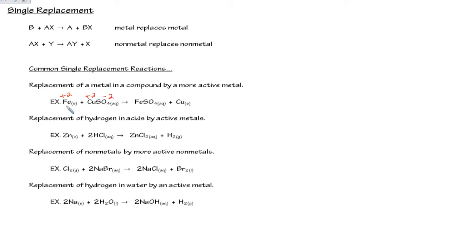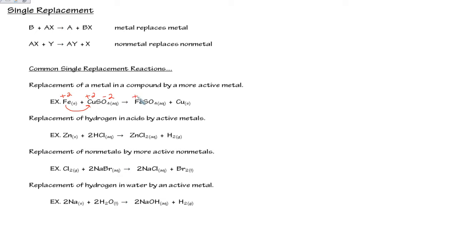If the single element, in this case iron, is positive, it can only switch with the other positive. Like can switch with like in terms of charge. And now once you switch those charges, make sure you check the charges on any new compounds formed. So I just formed a new compound.